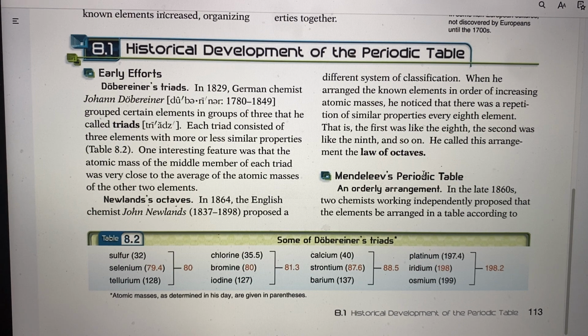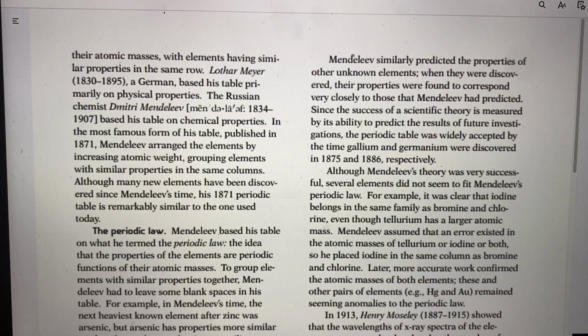But still, we had new elements coming, and not until Mendeleev, in the year 1871, which was not even 10 years later, did someone put together a whole periodic table. And that's what we're going to be talking about in this whole chapter. So Mendeleev's periodic table: in the 1860s, actually, there were 2 chemists.